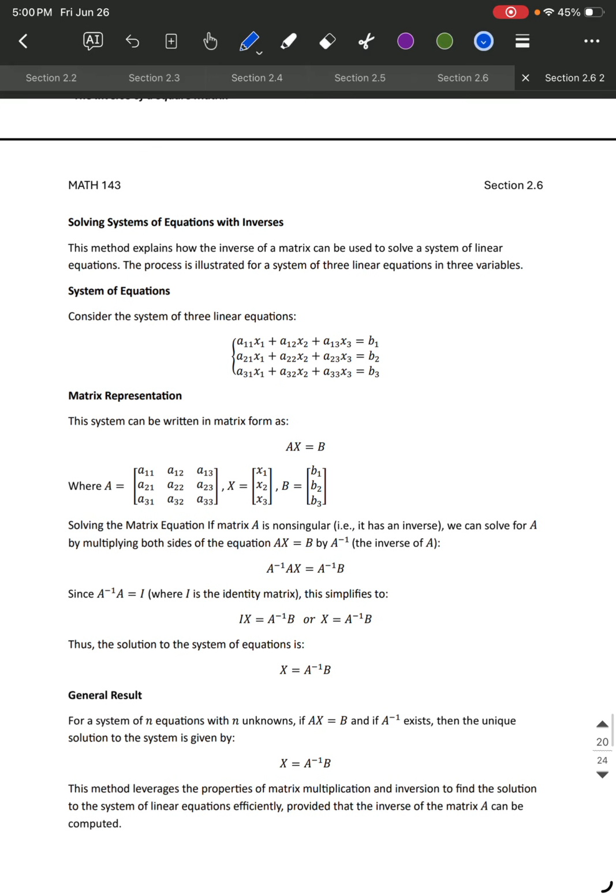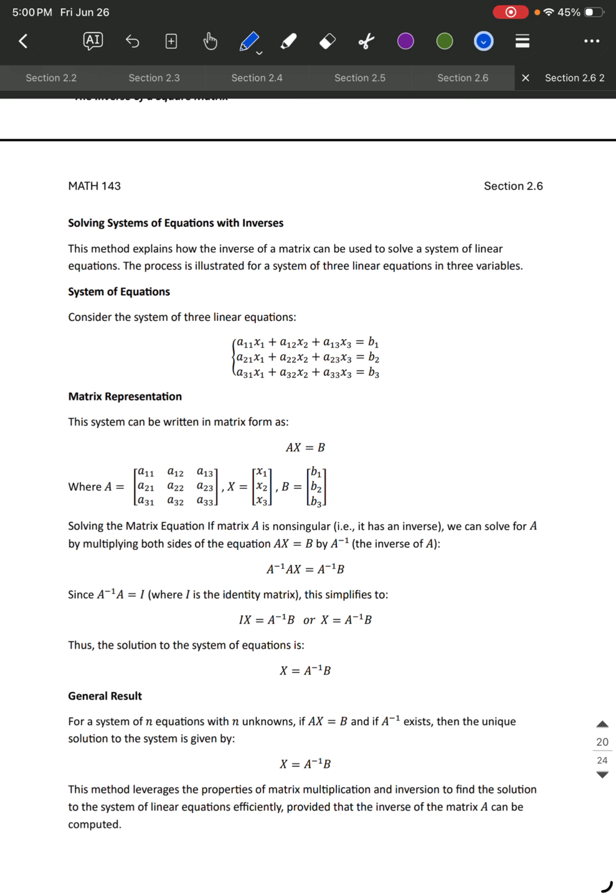Okay, then next, solving systems of equations with inverse. So we know and we discussed that we can represent the systems of equations using matrices, the coefficient matrix, variable matrix and the constant matrix we discussed in the previous lessons.